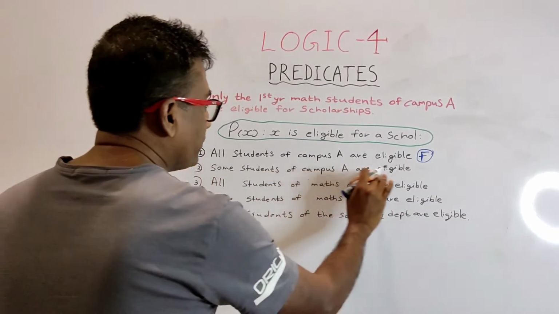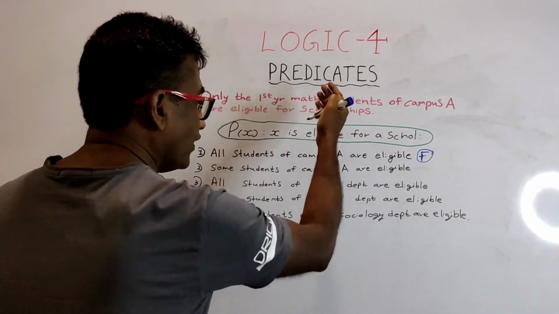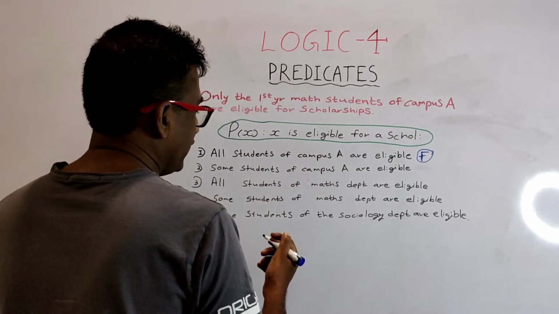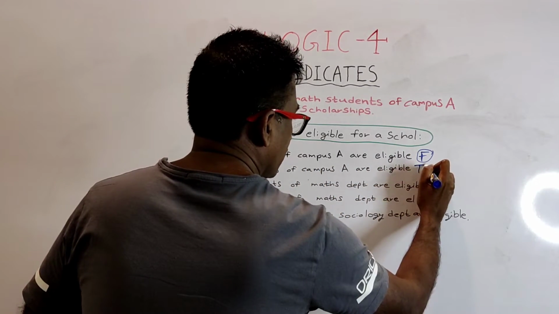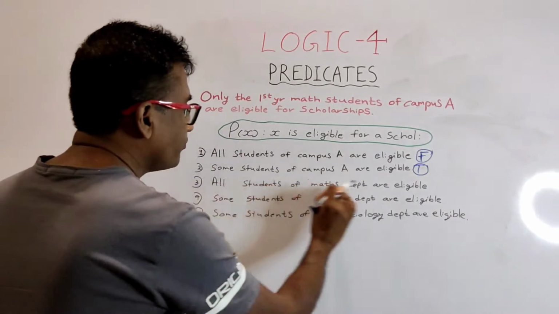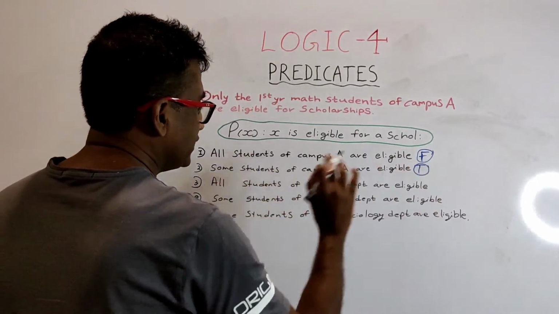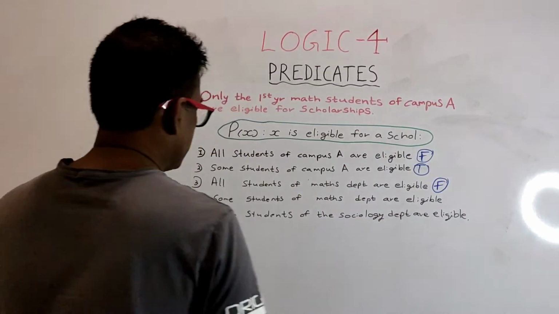Some students of campus A are eligible. It is true. Why? The first year math students are students of campus A, right? So some students of campus A are eligible. It is true. Therefore it is also a proposition. Third one, all students of maths department are eligible. False. Only the first year students are eligible.